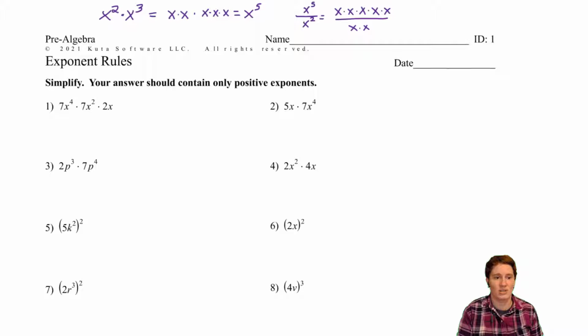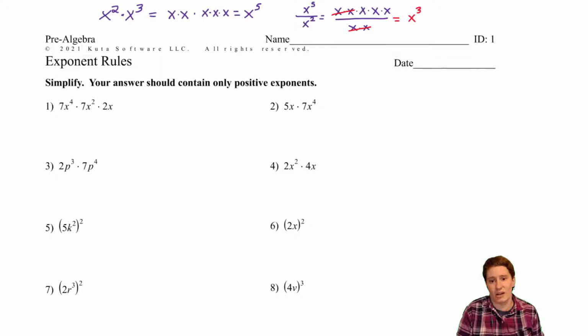What we can do is something similar to what we did when simplifying fractions: if you have the same thing on top and bottom and all of this is multiplication, then we can cross out what's in common. The fact that I have 2 x's in common on top and bottom means I can cancel out 2 x's from the top and 2 x's from the bottom. So this simplifies to x to the 3rd power.